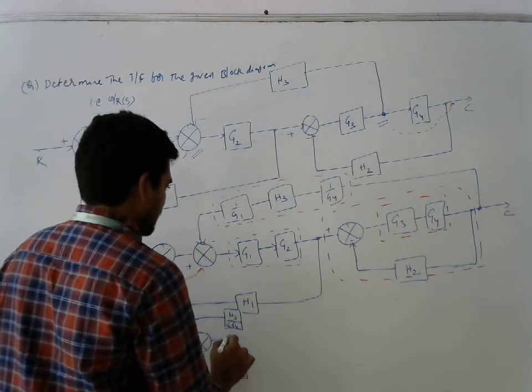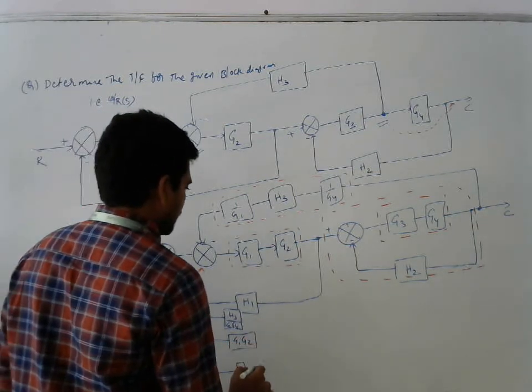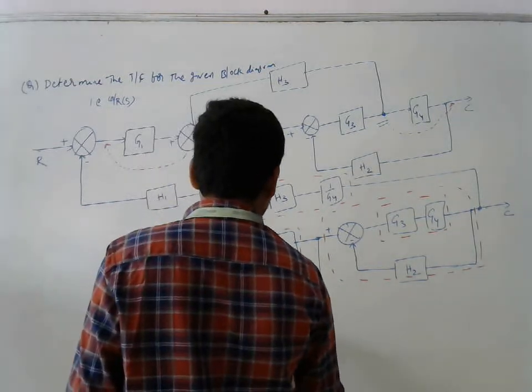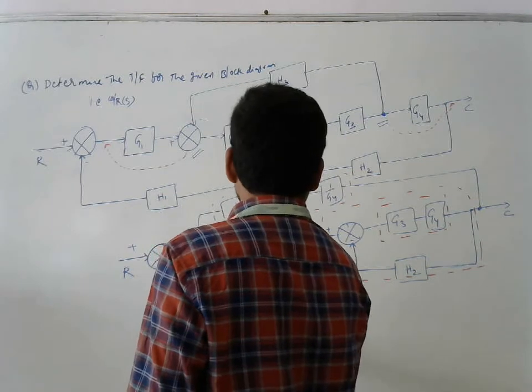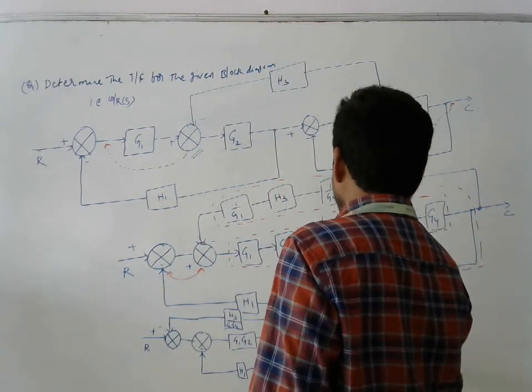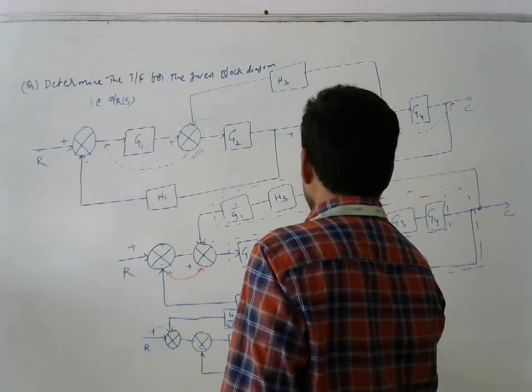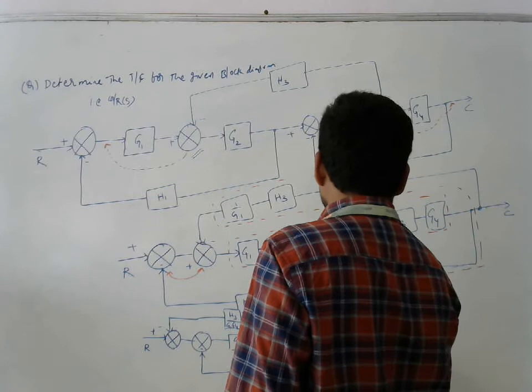Now again this will become G1, G2. And here you are having a line like this. And now again this G3, G4. What are we going to get here? Finally, G3, which feedback? Negative feedback.